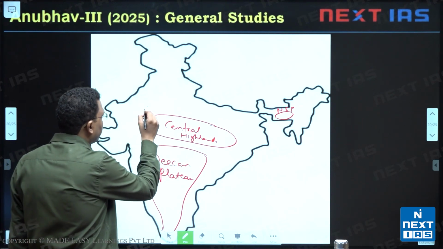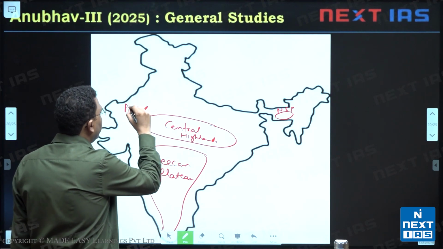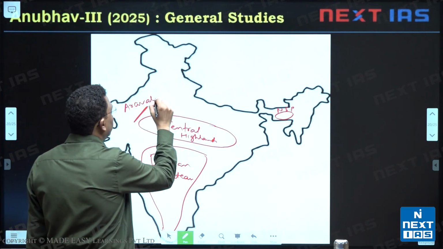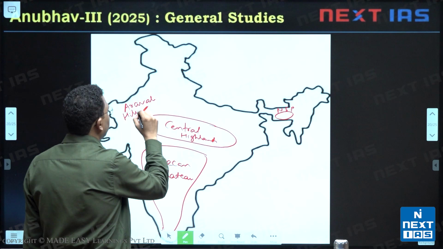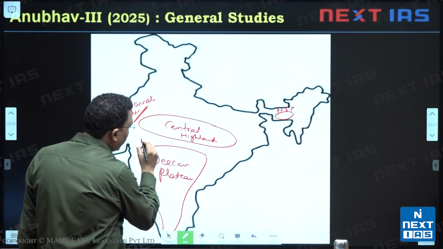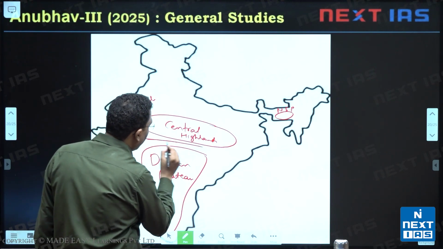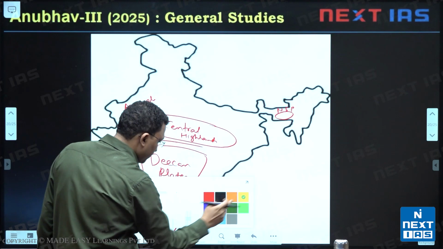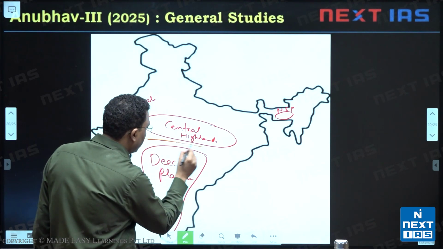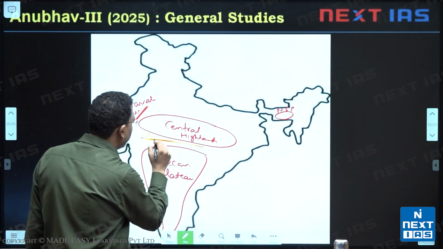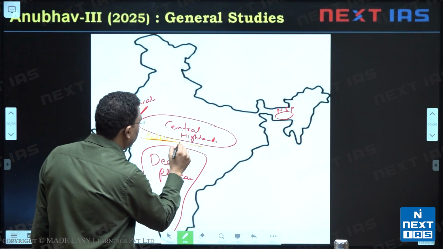So these three are the constituents of the peninsular plateau, and this Central Highland, if you see, is bounded on the west side by Aravalli Hills. This is Aravalli Hills. On the south, they are bounded by Satpura mountain. This is Satpura mountain, right?